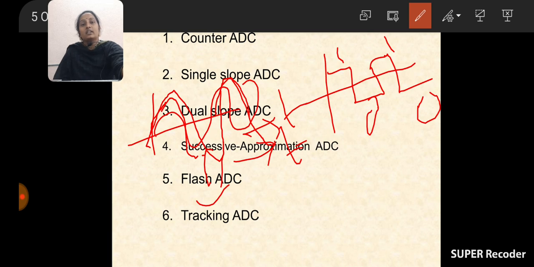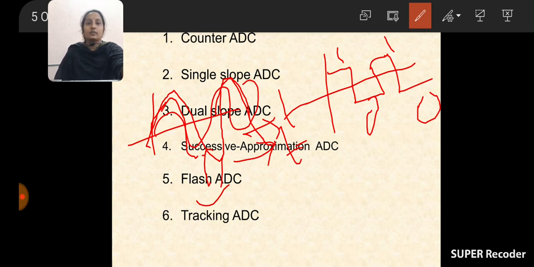Now our analog signals can be measured by analog instruments or measuring instruments, and these can be converted into digital for the sake of the system to process these signals. The system can understand only binary language, so there is a need of converting analog signals into digital signals. What is meant by an analog signal?